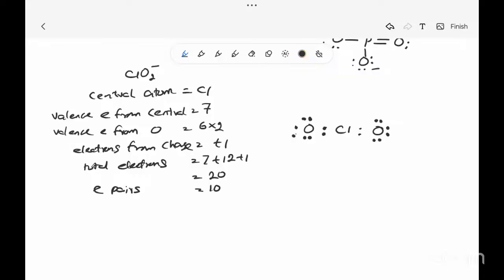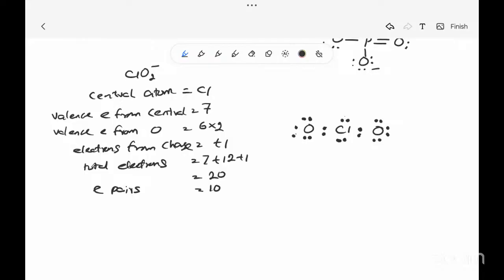Altogether, let's count: 7, 6 into 2 is 12, plus 1, that is 20, 10 pairs. 1, 2, 3, 4, 5, 6, 7, 8, 9, and 10. So chlorine will get 2, right?